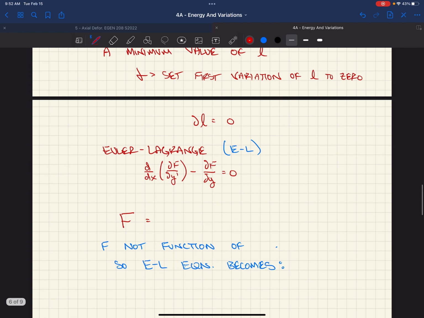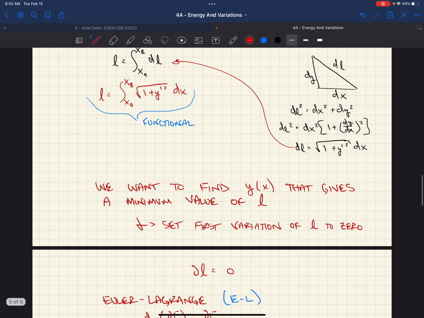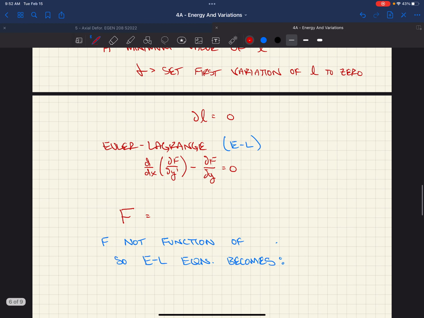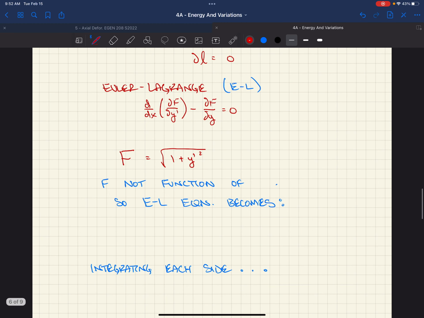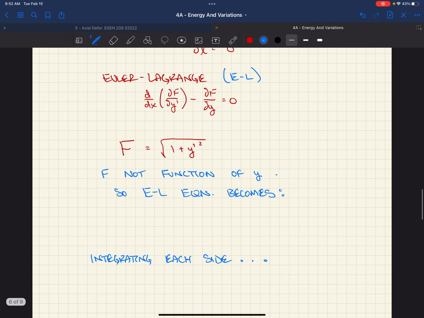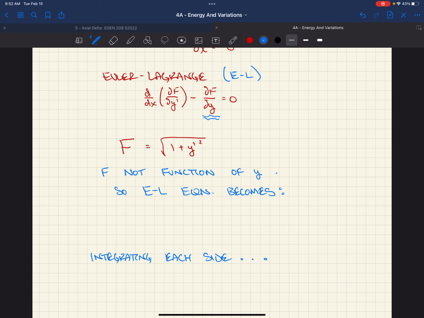Well, our functional in this case is the square root of 1 plus y bar squared. And as you can tell here, f is not a function of y. So if we took the partial of f with respect to y, you're going to get 0.